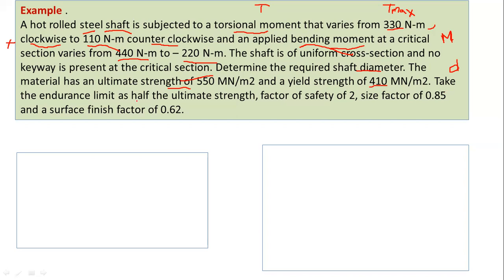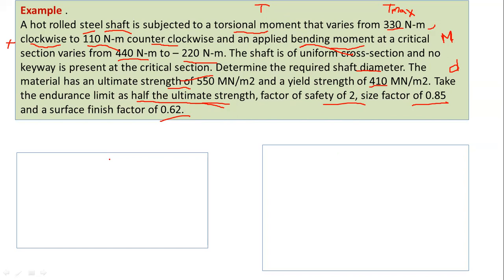Take endurance limit as half the ultimate strength. So you have to consider endurance limit sigma e equal to half of the ultimate stress, that is 0.5 into sigma u. Factor of safety Fs equal to 2, size factor 0.85, surface finish factor 0.62. These all are the given values.